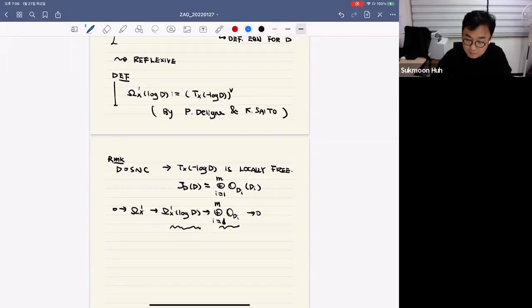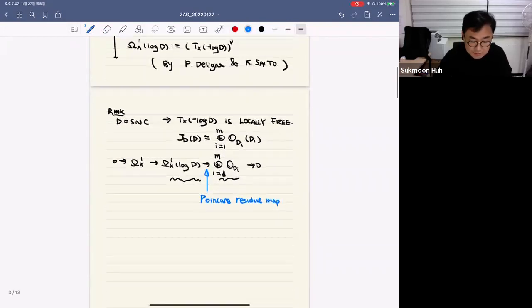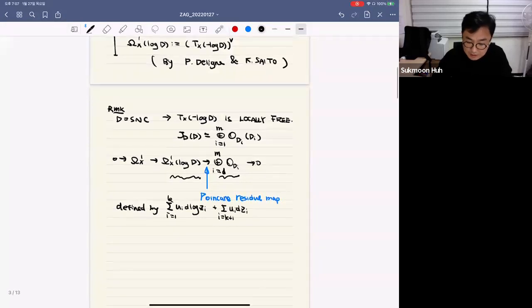This map is defined by locally sending the following section, sum u_i dlog z_i plus sum u_i dz_i, where the first sum runs from i = 1 to k, and the second sum is for i from k+1 to n, and where z_1 ... z_k = 0 is the local defining equation for the divisor D.